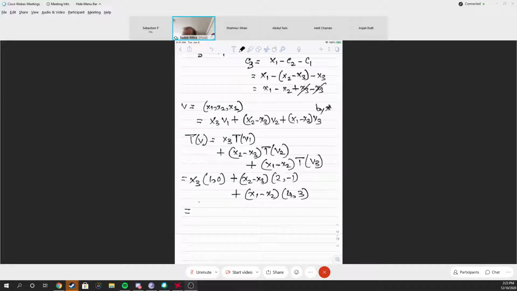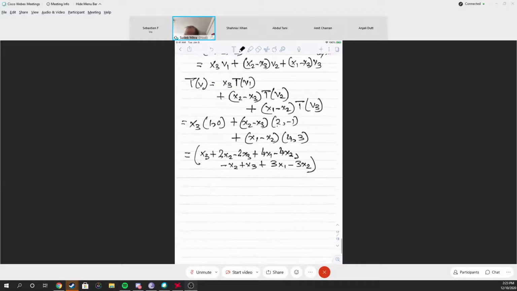First one is x3 plus 2x2 minus 2x3 plus 4x1 minus 4x2, comma, second coordinate, x3 times 0 out, minus x2 plus x3 plus 3x1 minus 3x2.